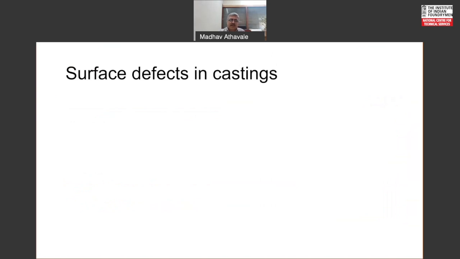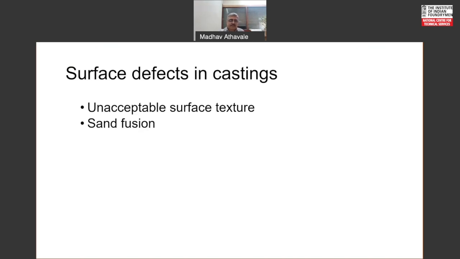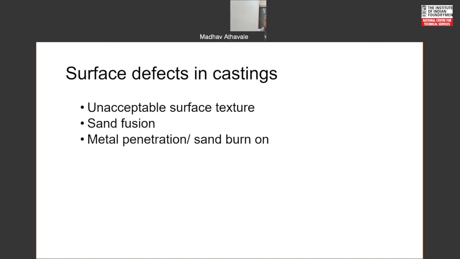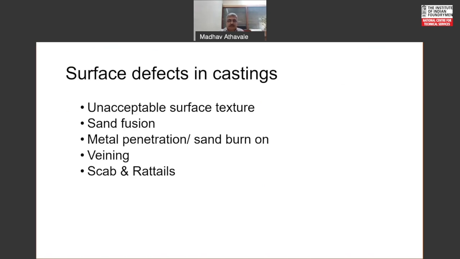Now, quickly a listing of surface defects in castings. One is unacceptable surface texture, that means roughness, sand fusion. Then you may have metal penetration, sand burn-on, veining, sometimes cabs or rat tails, sand drop, pinholes.